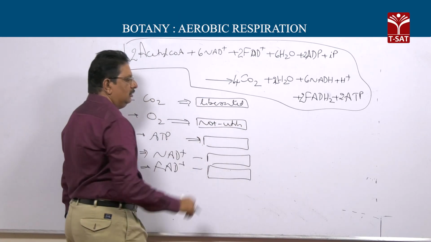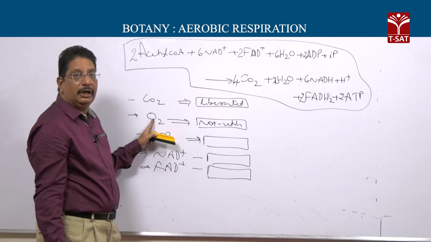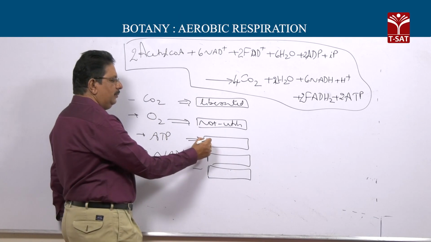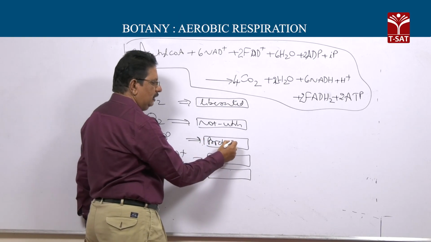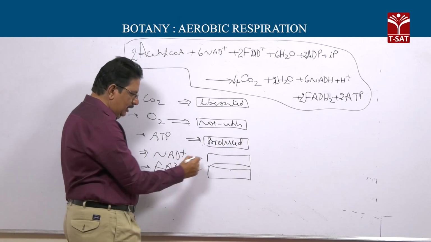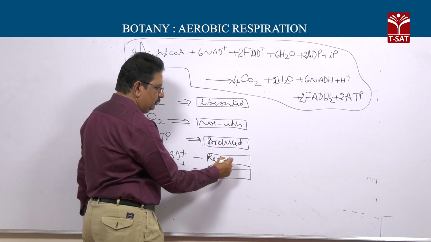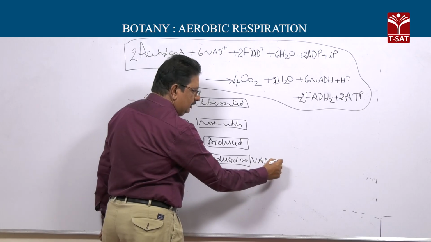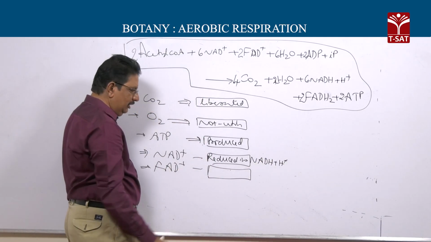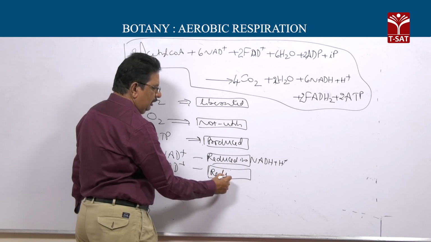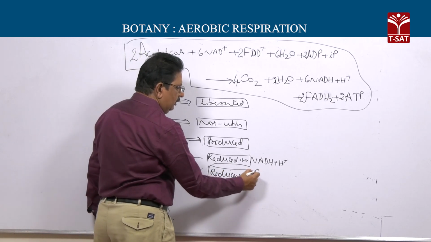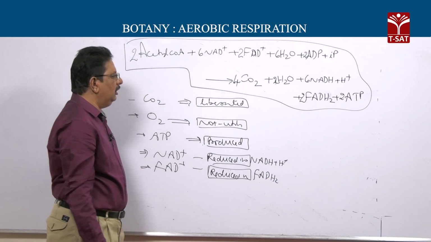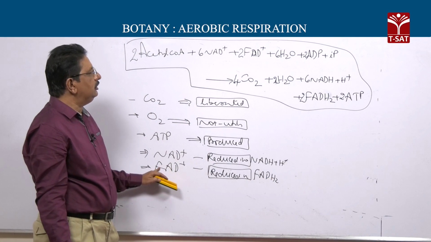So still there is no participation of the main substance for aerobic respiration, oxygen. ATP is produced through SLP. NAD plus is reduced into NADH plus H plus, and FAD plus is also reduced into FADH2. So this is a little summary of the TCA cycle.